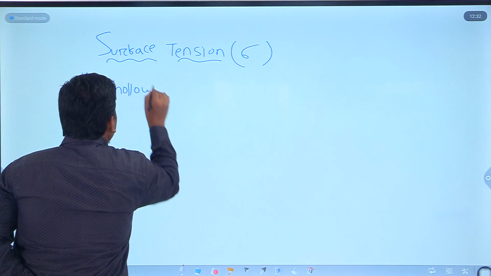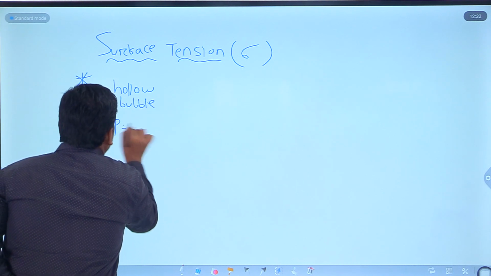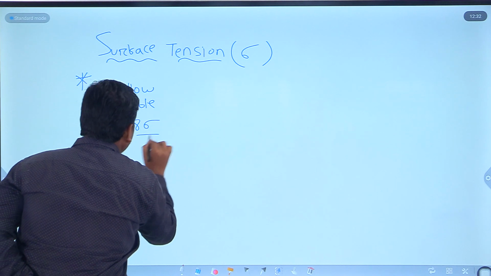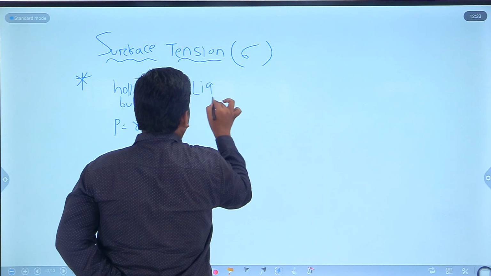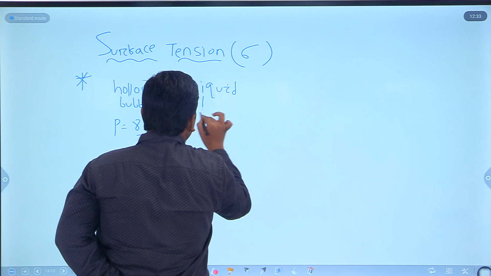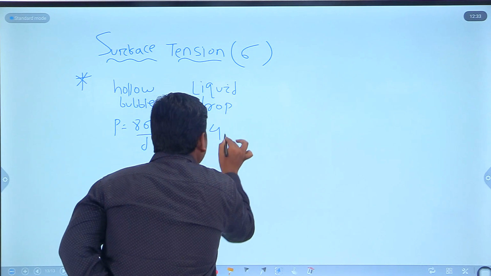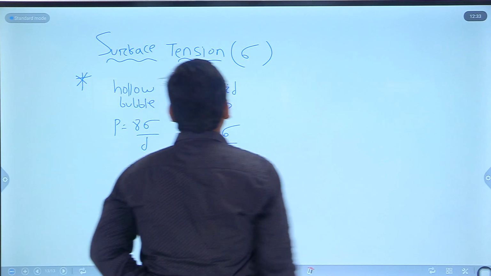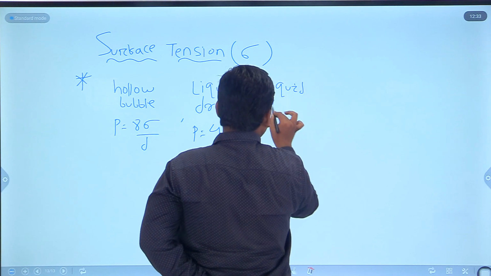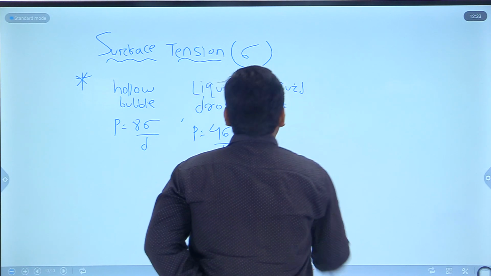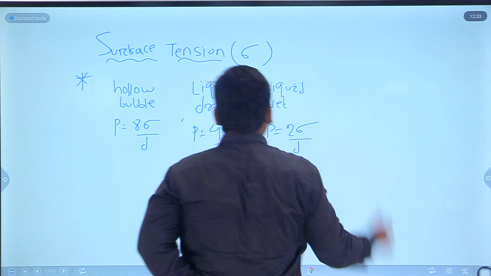For a hollow bubble, P equals 8 sigma by d. For a liquid drop, P is equal to 4 sigma by d. For a liquid jet, P is equal to 2 sigma divided by D.